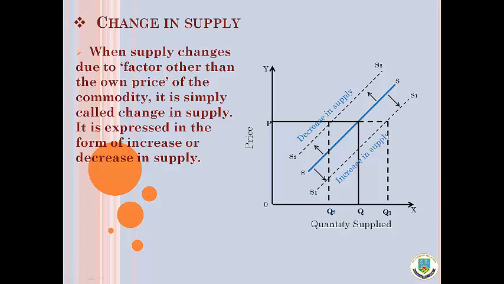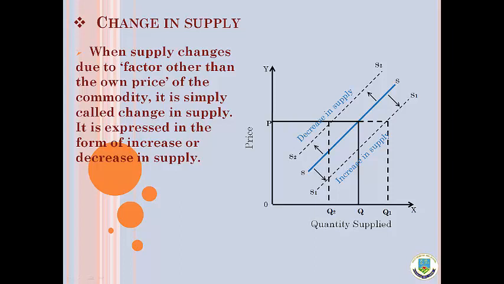So let us study what is increase in supply. When supply of a commodity rises due to change in factors other than the price, it is called increase in supply.